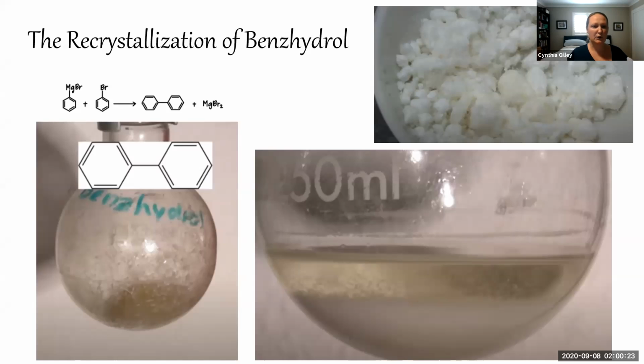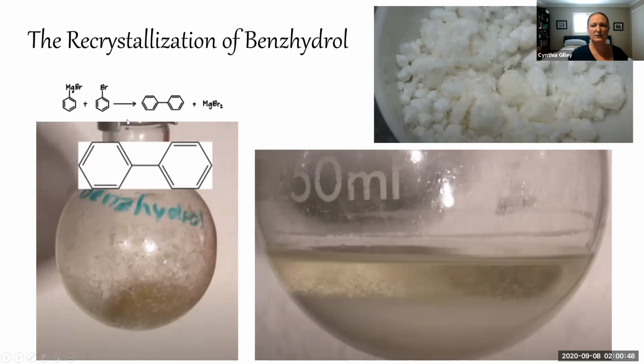Once you have the crude product, it often needs a recrystallization or other type of purification process to completely purify it. The product is commonly mixed with some biphenyl. Biphenyl is formed from the reaction of the Grignard reagent with bromobenzene in an organometallic reaction.